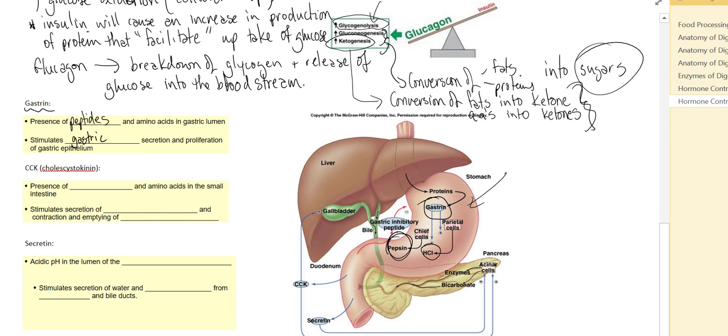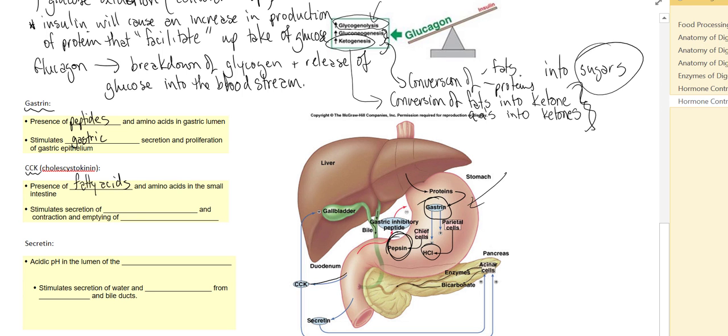All right. Then secondly, we have cholecystokinin, which is abbreviated by CCK, and essentially the presence of both fats, or I should say fatty acids and amino acids in the small intestine stimulates the secretion of CCK.